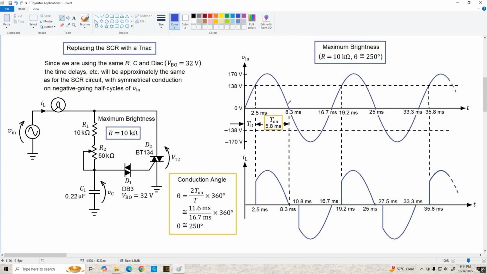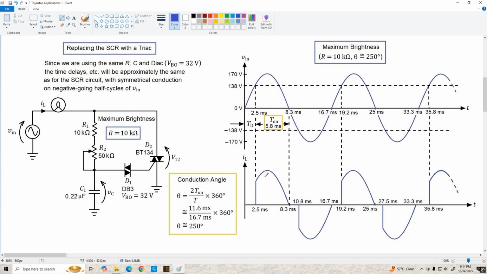Here's our input waveform. We still have roughly the same time delay of 2.5 milliseconds until the TRIAC turns on, and we still get the same T on for the first half cycle of about 5.8 milliseconds. We haven't changed the RC time constant or the breakover voltage of this DIAC, so that all stays the same.